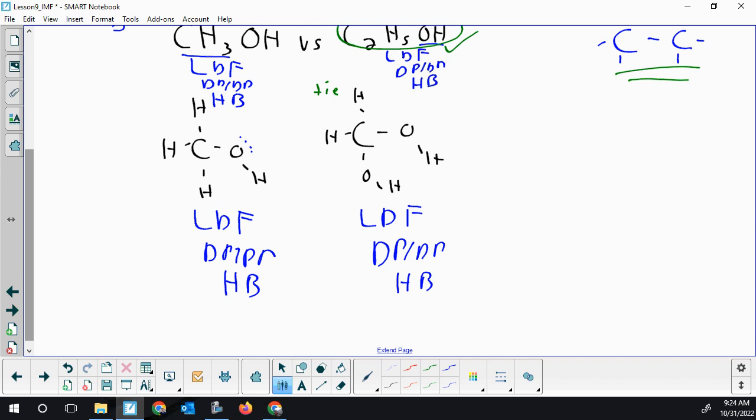They both have 4 H's, but the one on the right has 2 O's. So that's going to give us more electrons. So there'll be greater London on the right. If we think of hydrogen bonding, the molecule on the left has 1 of those really extreme polar bonds we call hydrogen bonding, but the one on the right has 2 of them.